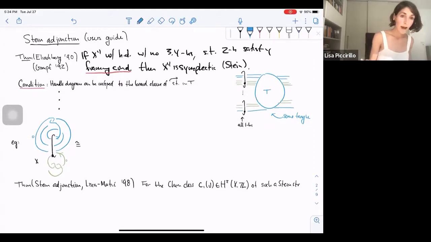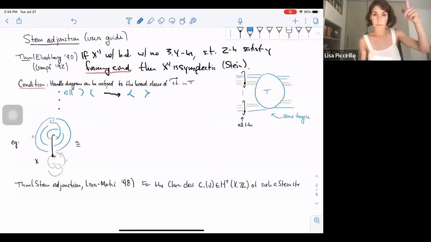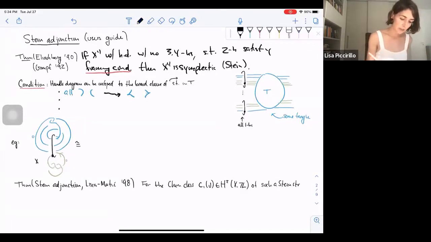Second off, you want to make all of your horizontal extrema look like cusps. So isotope your diagram so that you don't see any direction changes and you do see cusps.